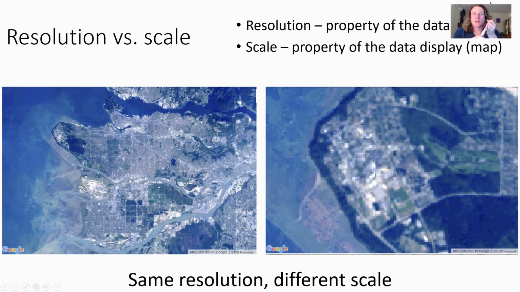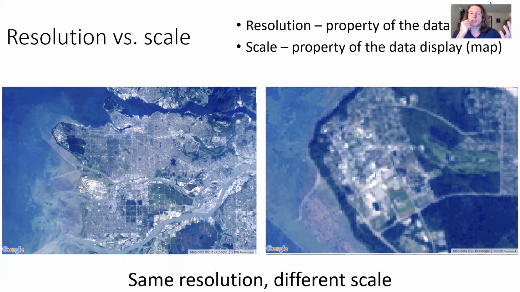To recap, resolution is a property of the data. Scale is a property of the map. So for instance, here we're looking at the same raster image, the same data, at the same resolution, but at different scales. So on the left, the resolution is suitable for showing a crisp image of the full area of Metro Vancouver.